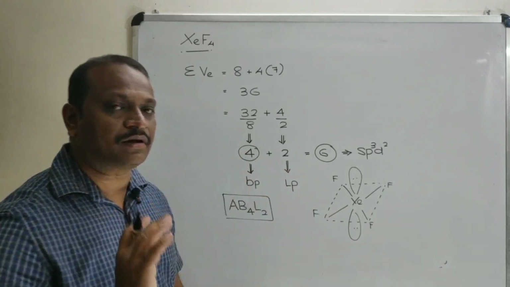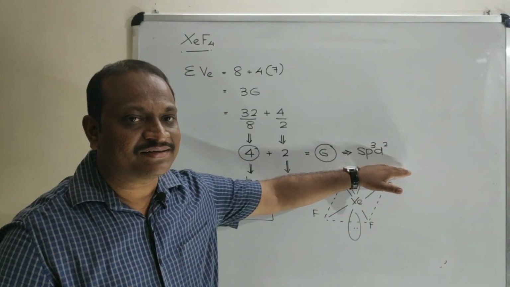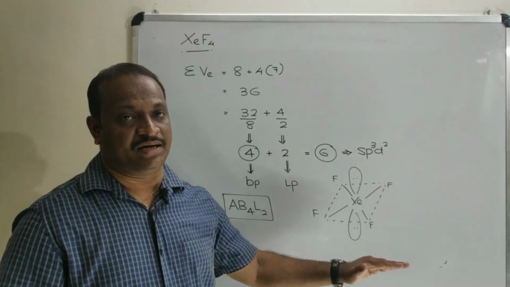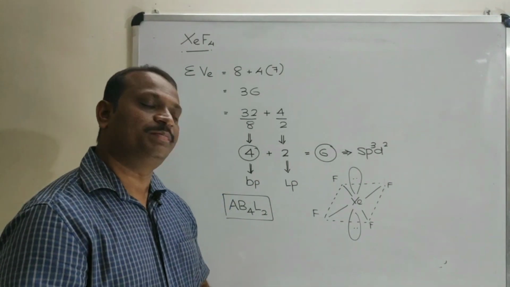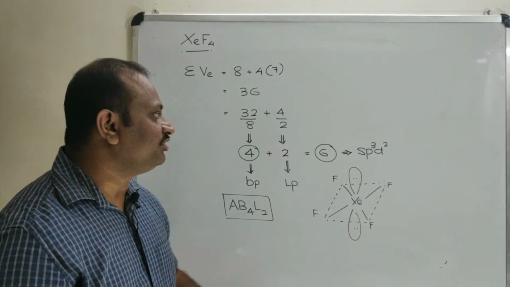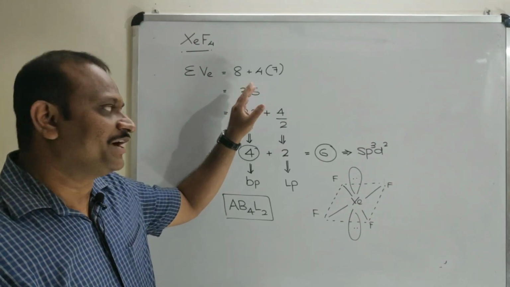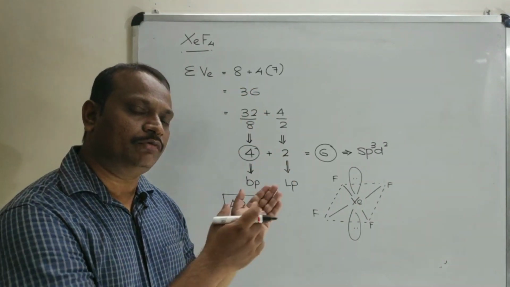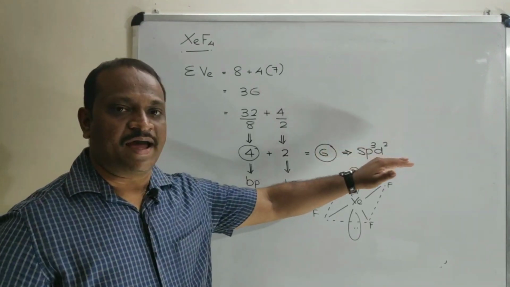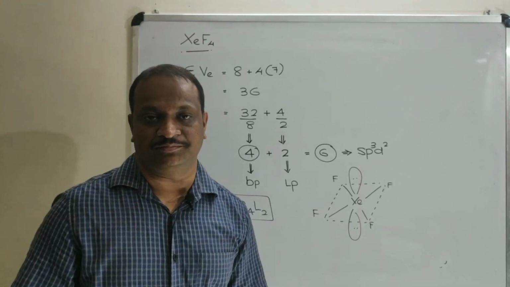So the right answer here is sp3d2, and the geometry of the compound is square planar. Remember, if you are not getting an exact multiple of 8, split it into 2, then divide the first number by 8 and the second by 2. Let's go with the next question.